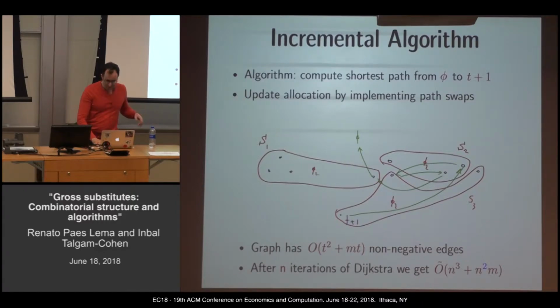The next slide is how the allocation is optimal. We just want to say that that's the algorithm: how do you compute the optimal allocation? And the nice thing is that this graph has only non-negative edges. So that's how much it took to compute. Dijkstra takes some time, with tilde notation here. You also pay some logs for the nodes, but that's pretty much the running time.